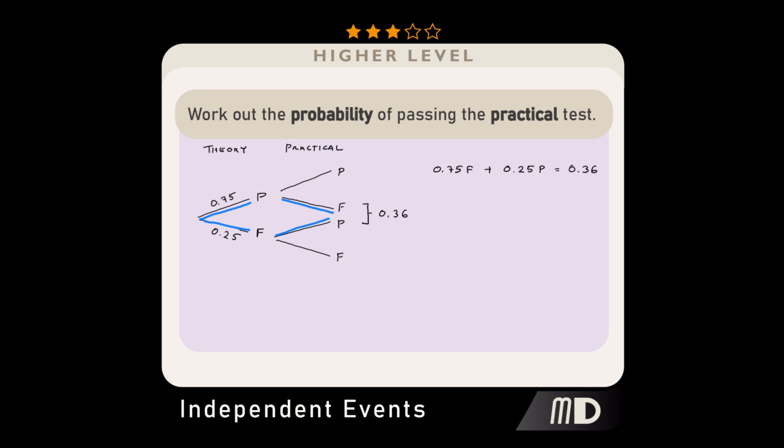And we can form a second equation. 0.75p plus 0.25f is equal to 0.64.